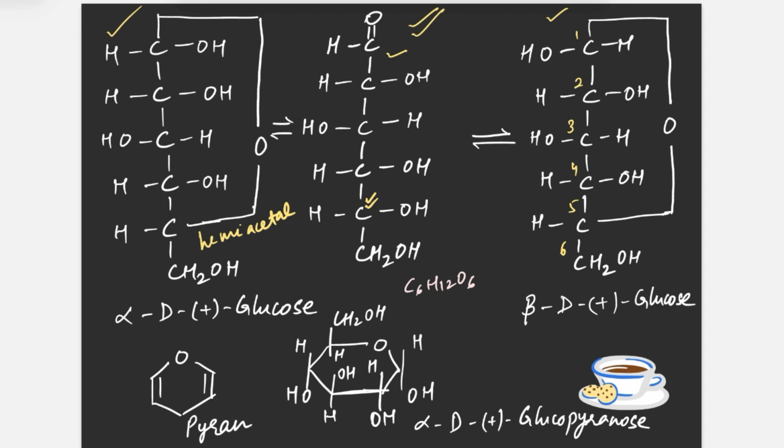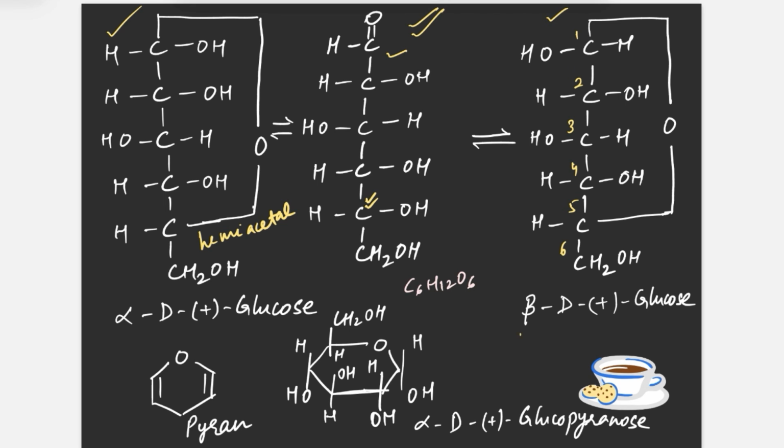Now if you see the cyclic structure of glucose, you do not have any free CHO group. तो यहाँ पे cyclic structure of glucose में free CHO group present नहीं है, because of which CHO group की reactions देखने को नहीं मिलती हैं in case of glucose. And these 3 structures are in equilibrium with each other.